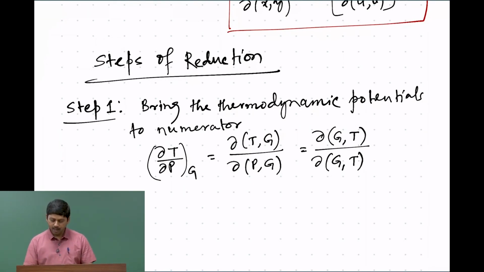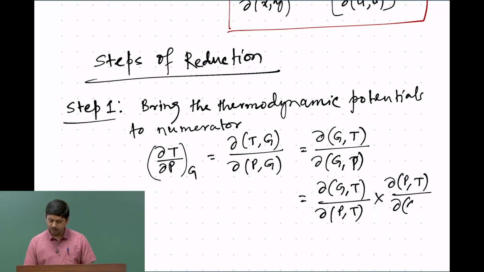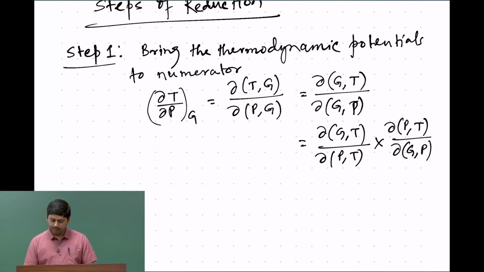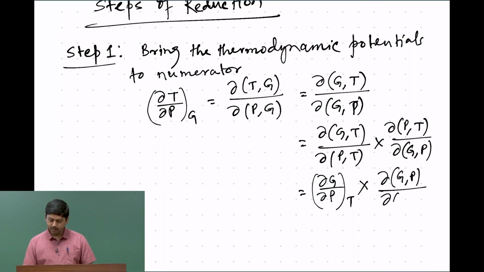So, negative cancels G P, sorry, and then you can introduce a new variable, let us say P T, and then you can write P T by del G P, and then you can write del G by del P at a constant temperature. So, you have brought G to the numerator, and here you can write that as del G P by del P T to the power minus 1.